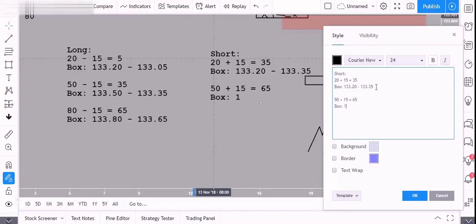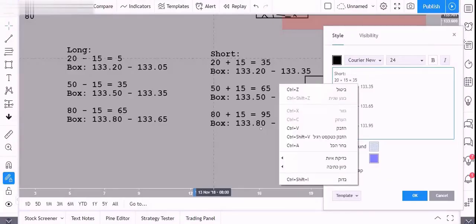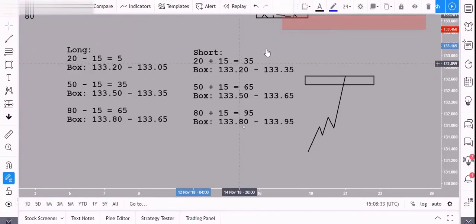The box will be 133.50 to 133.65. If I short from the 80, plus 15 equals 95. The box will be 133.80 to 133.95. And this is what it will be if I'm going short.